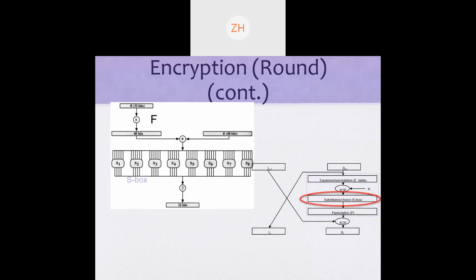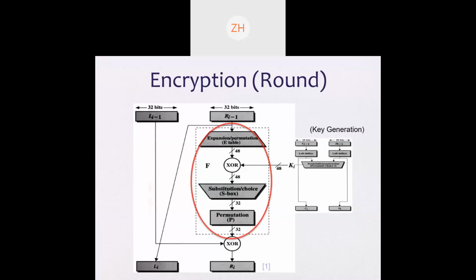So 4 times 8, 32, right? So comply with this concept: input to the S box is 48 bits, output from the S box is 32 bits.